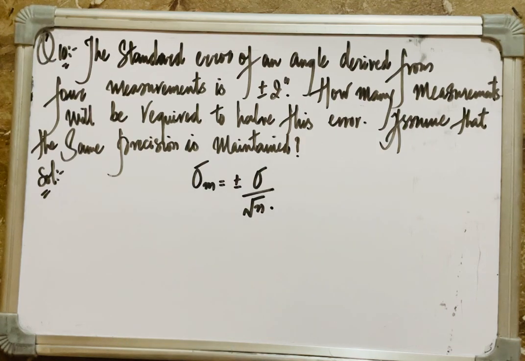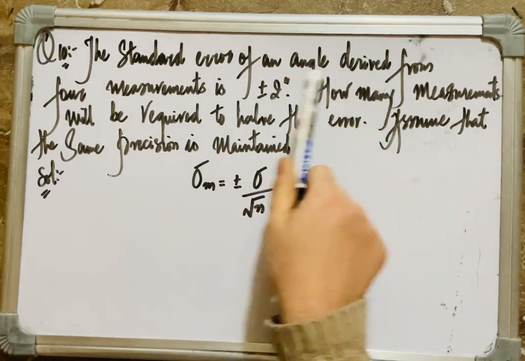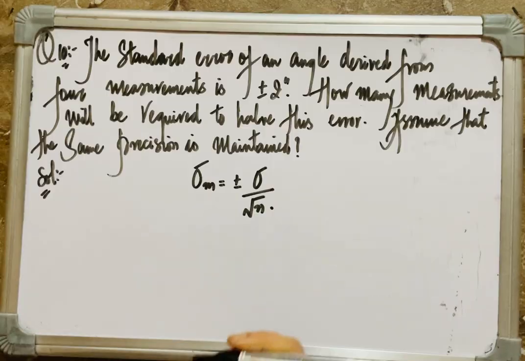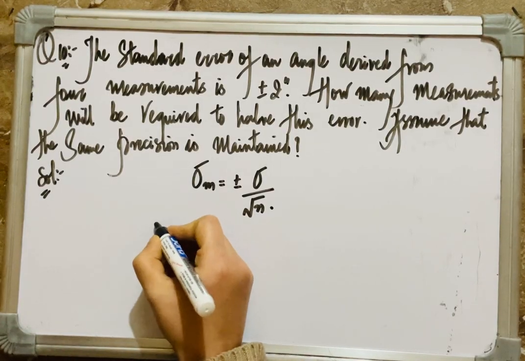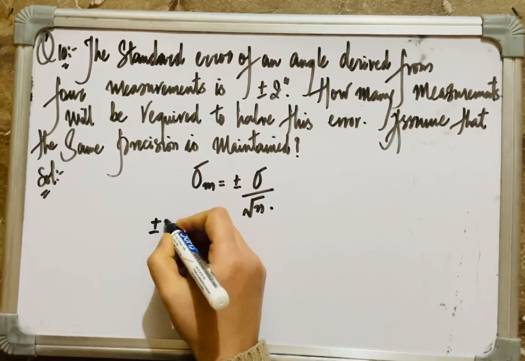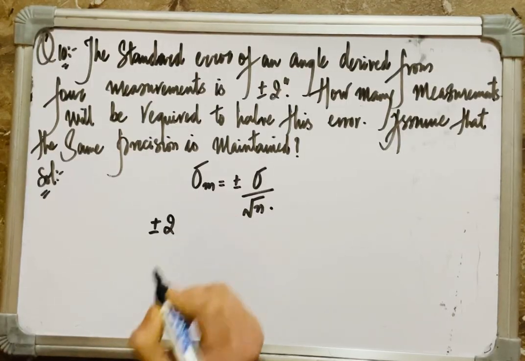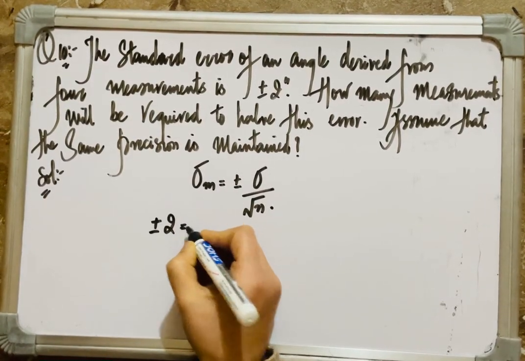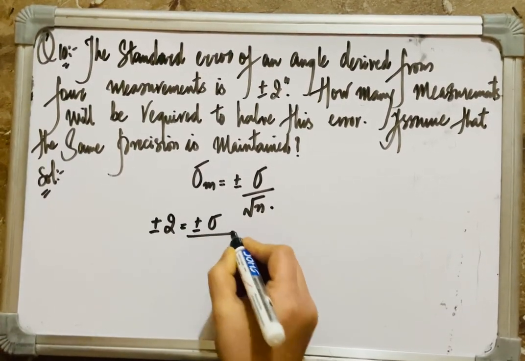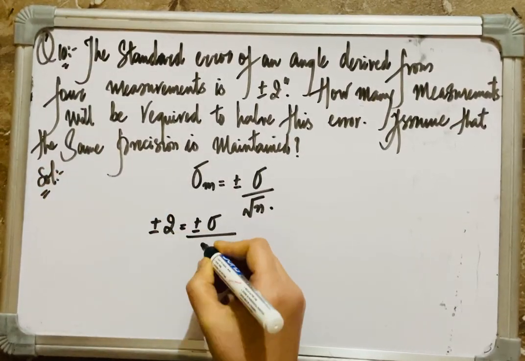So here, the standard error of an angle derived from 4 measurements is 2 seconds. How many measurements were taken? 4 measurements.